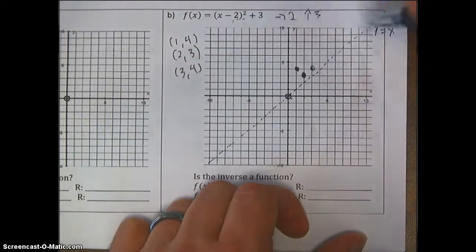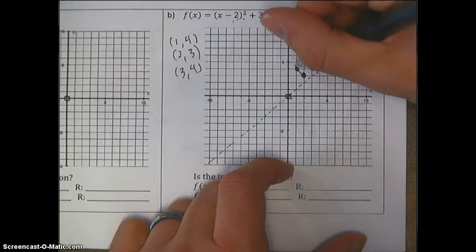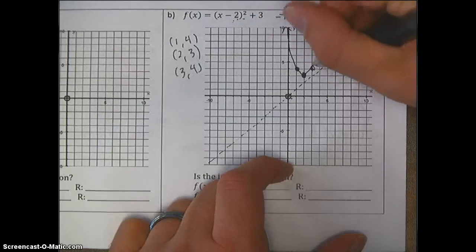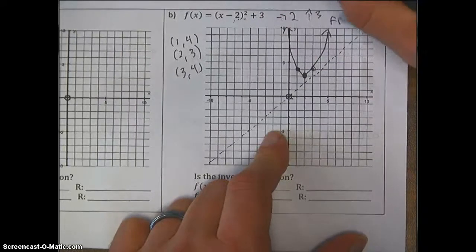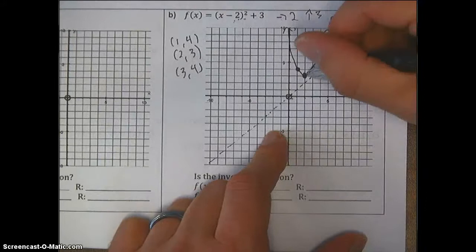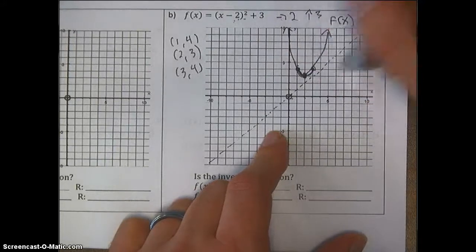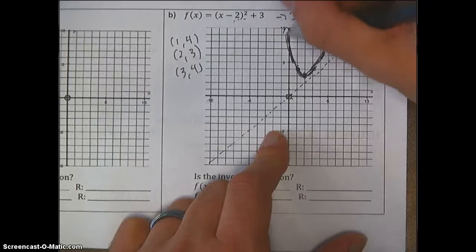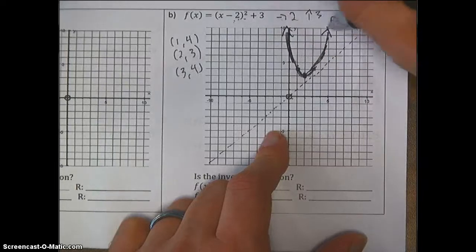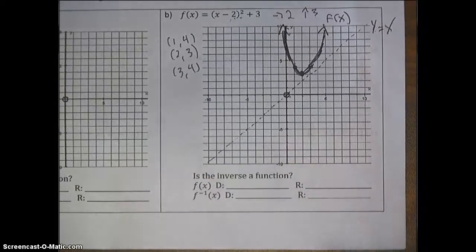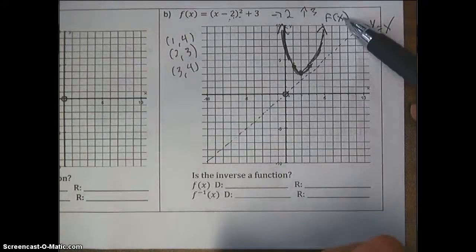So I've got 3 points here, and I know what a parabola looks like. I'm just going to go ahead and draw it in. And this is my function, f of x. Make it nice and dark with arrows. So that's the function. And we're supposed to label each function after graphing them. So I did. I labeled it f of x.